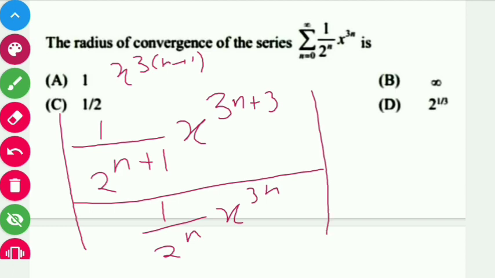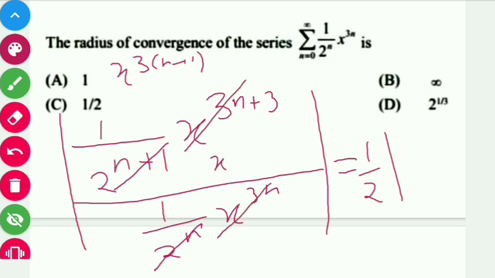Now this is just the same as, so this 2 raised to n will get cancelled, so this is just 1 by 2, and this x raised to 3n cancels with this x raised to 3n. So this is just x cube, right?